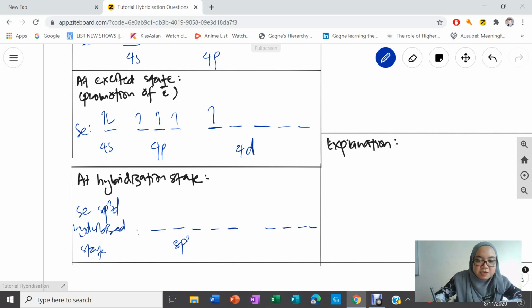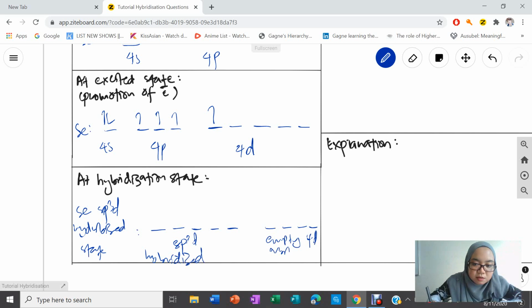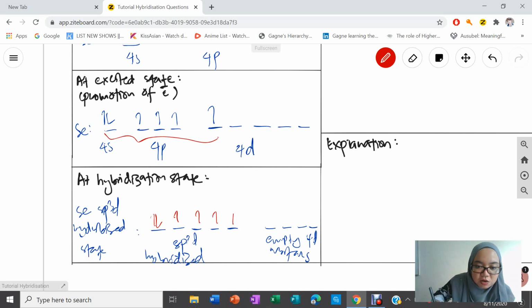So this is sp3d hybridized. This is the empty d orbitals. So we know that this 1, 2, 3, 4, 5 is the sp3d hybridized orbital. So now we can form 4 covalent sigma bonds, and then we have 1 lone pair on the Se central atom.